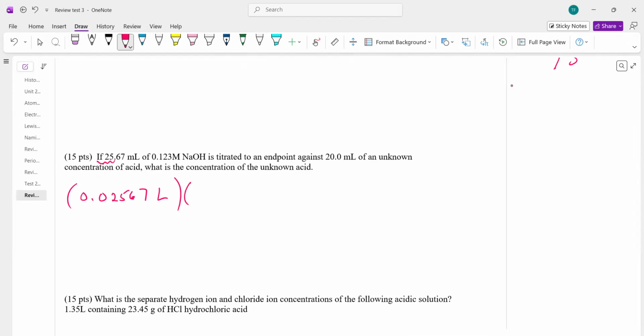Okay, times, remember, liters times concentration gives us moles. And that's equal to, in liters now, so it's going to be 1, 2, 3.